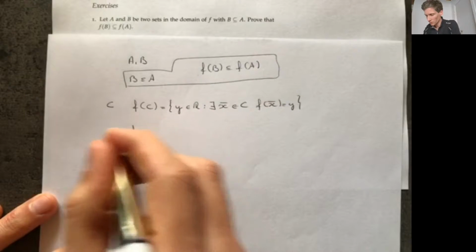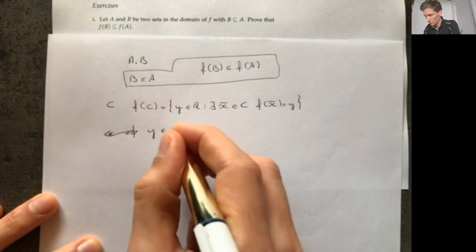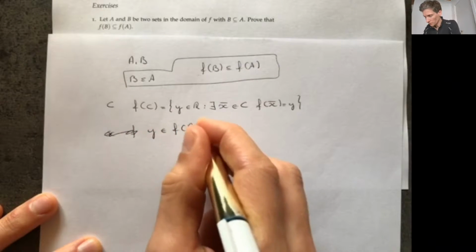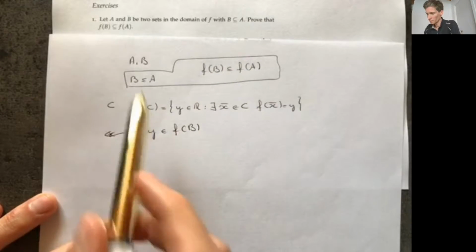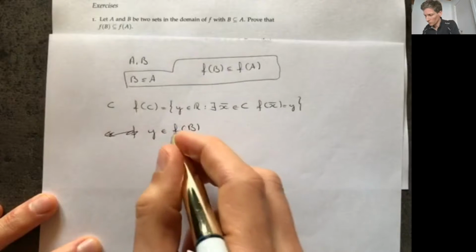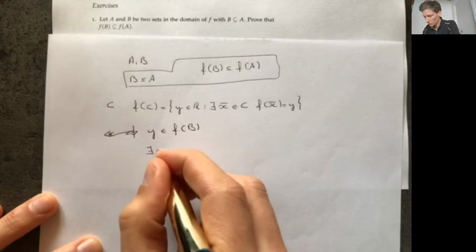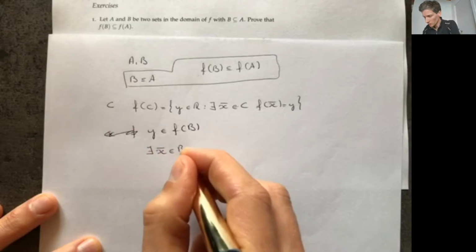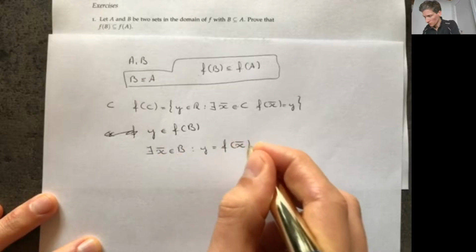So let's take any number y in f of B. Then you have to show that y is also in f of A. If y is in f of B, then following this definition, there's some vector x in B such that y is equal to f of x.